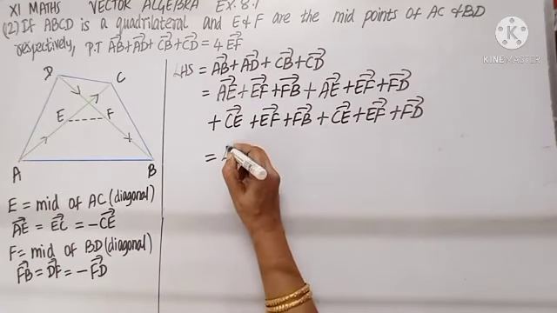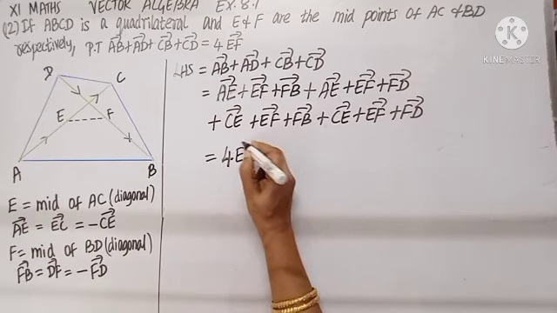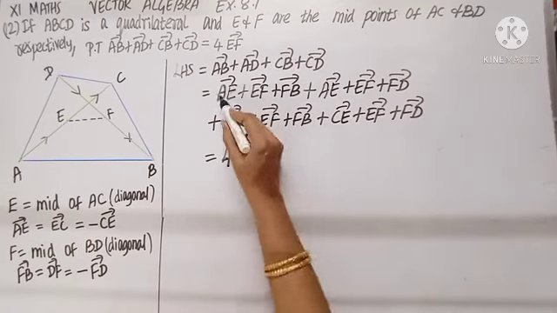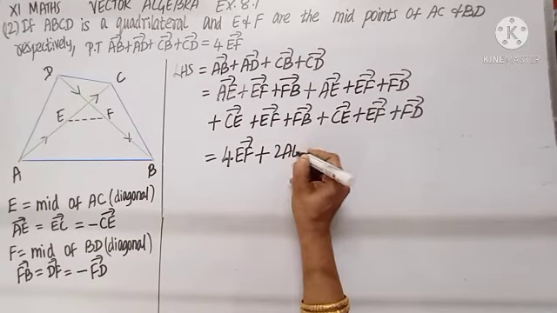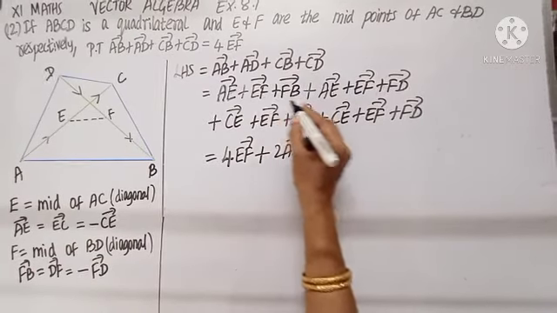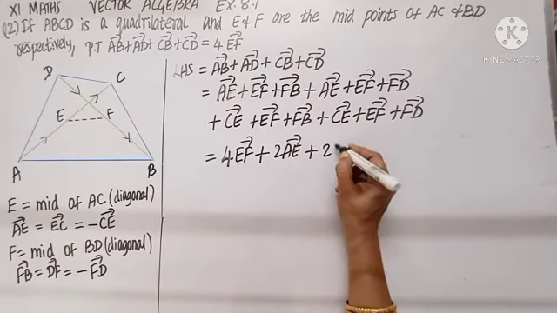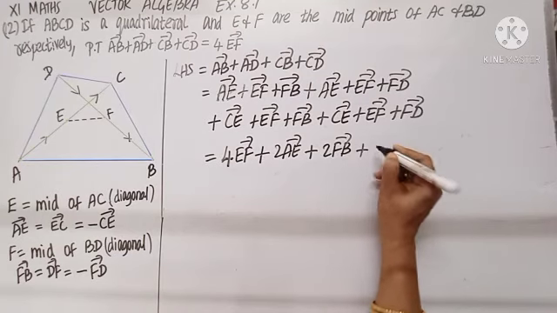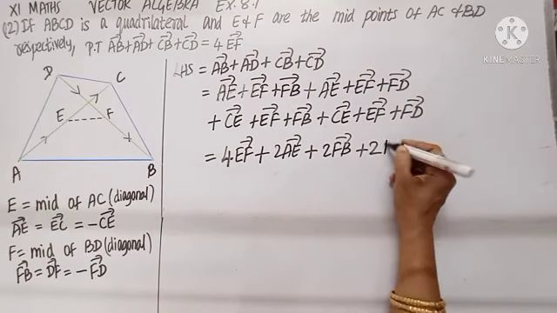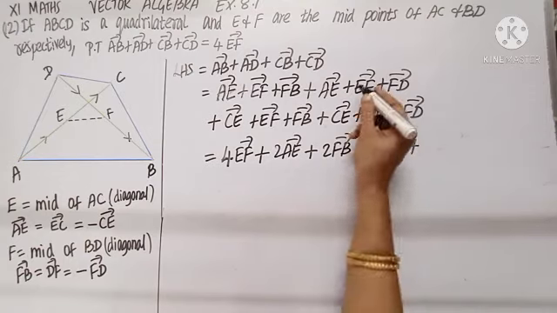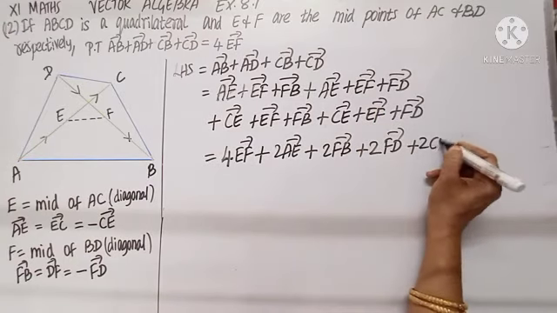So as I add, it is 4 times EF vector, 2 times AE vector, 2 times FB vector, 2 times FD vector, and 2 times CE vector.